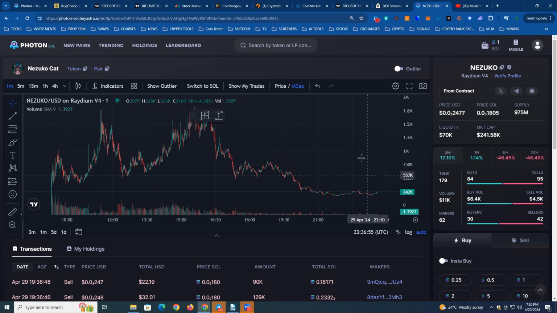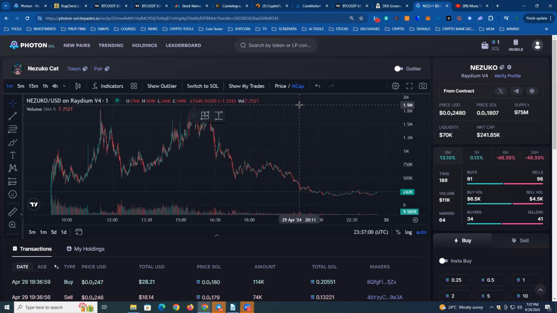Now, one of the reasons why I advise you to click on the market cap button more so than the price is that coins, when they initially launch, run the gamut of being valued from, say, $0 all the way up to $1 million in their initial run.